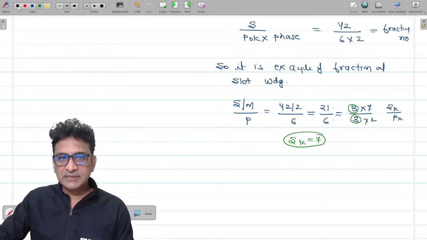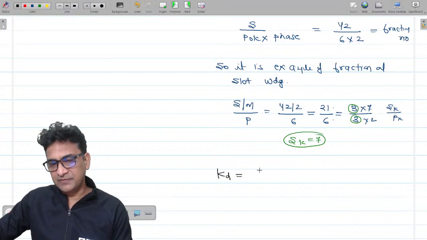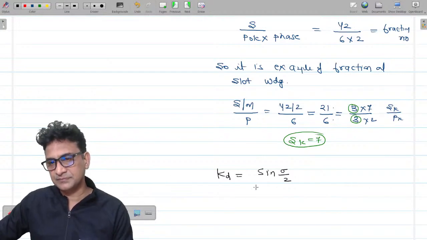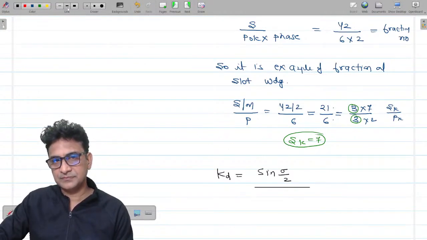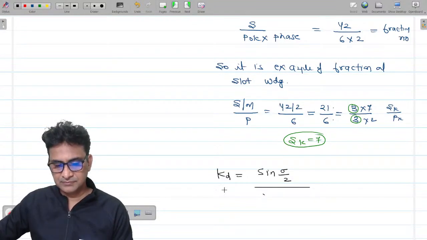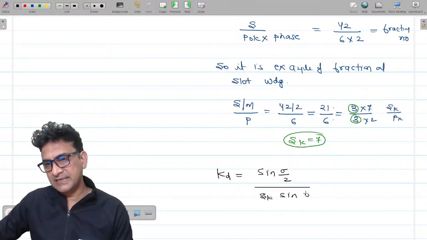Now what is the distribution factor for the fractional slot winding? The formula is sine sigma by 2, upon Sk sine sigma upon 2Sk. Clear?